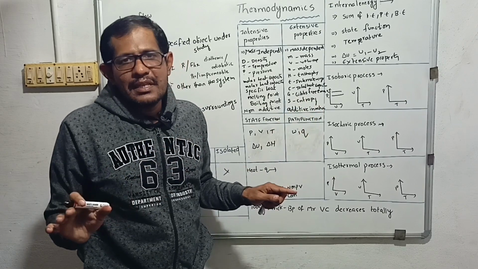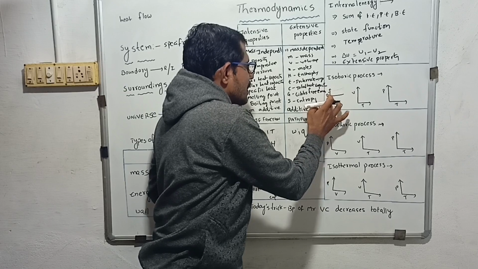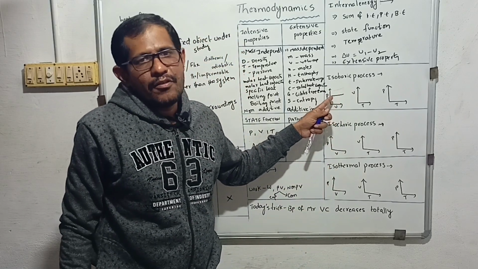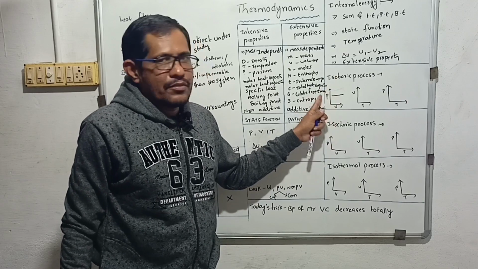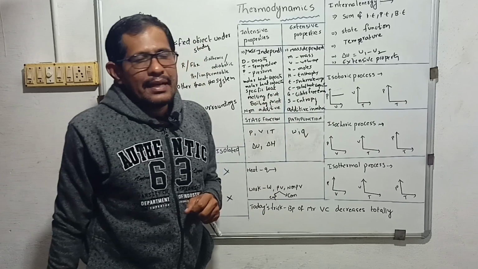But here pressure is not changing, that's why a straight line is coming. So this is the graph for the isobaric process, when we have taken P on the y-axis and V on the x-axis.